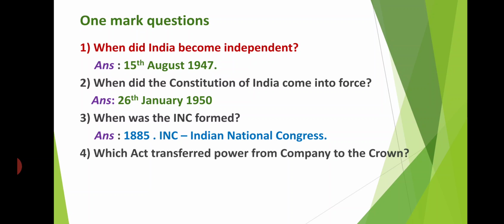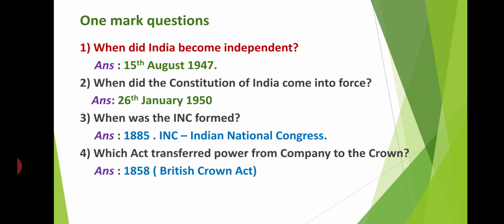The fourth question is: which act transferred power from the company to the crown? You have to understand this point from the history of the Indian Constitution. The answer is 1858.